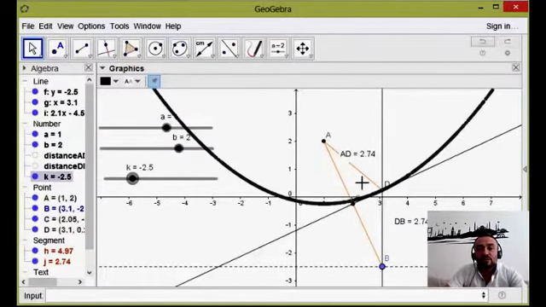Just try to write the equation of the point whose distance to the ordered pair AB and the line y equals k are the same, and this equation will be in terms of a, b and k. Simply write that equation into the input bar. You will see that the curve and this trace are the same. Thank you very much for watching me.